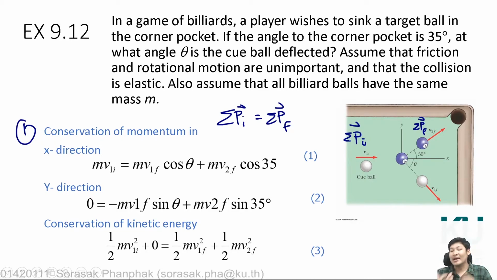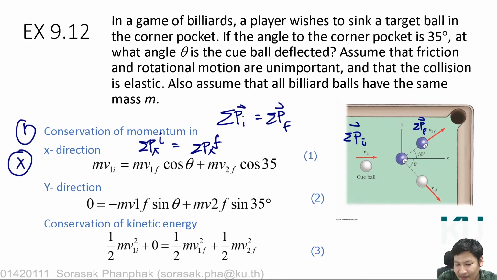If you would like to write it as a vector, you can do it. But if you would like to break it into components, I will show you another way to do the calculation. Look at the x components only: sigma p_x initial equals sigma p_x final.